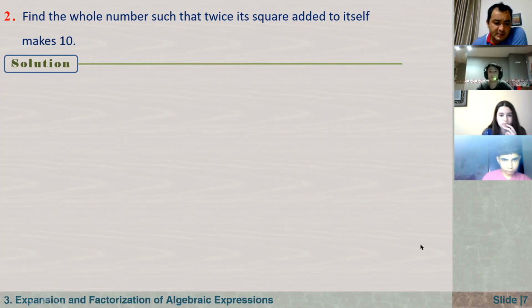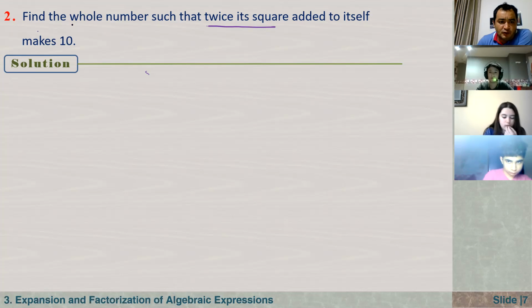In this problem, it says: find the whole number. So immediately when you say find the whole number, we should be able to imagine those numbers, that is 0, 1, 2, 3, 4, 5, 6. These are whole numbers, such that twice its square added to itself makes 10.